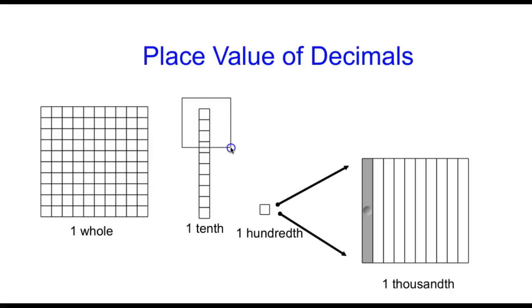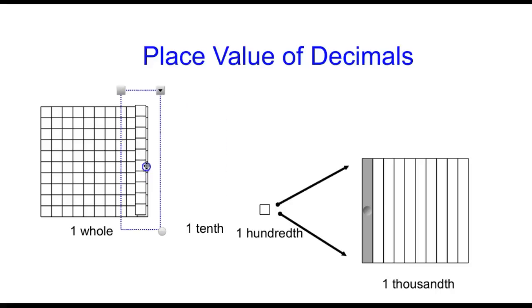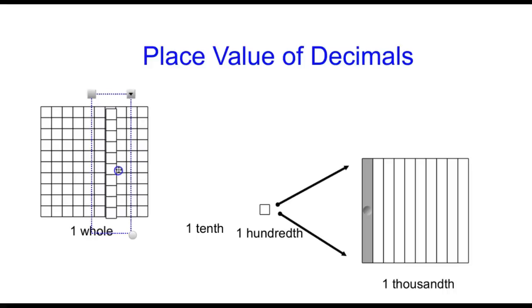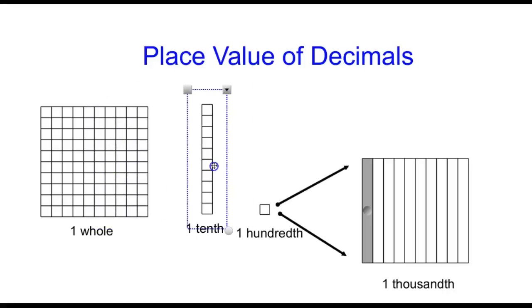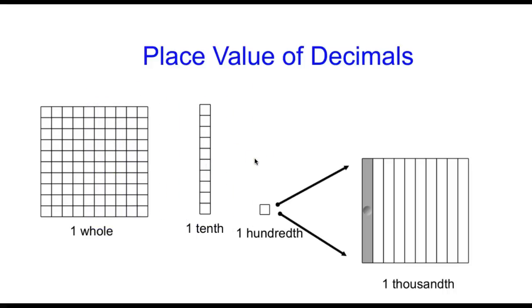Because if you look at it carefully, there are 10 of these in one whole, so one of them is going to be 1/10 of the whole. If you look at our next base 10 block, this is a unit. That is going to become 1/100th because there are 100 of these in a whole.